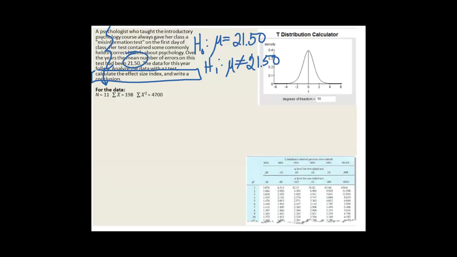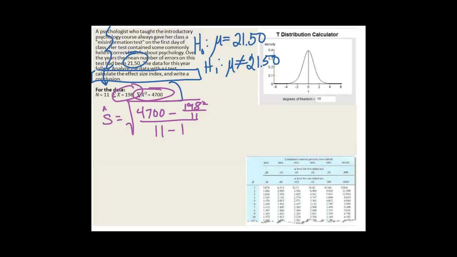I've been given enough information here that I can calculate the S sub x bar, which I'll then use in a t-test. So S hat is what I need first, and remember that is going to be taking the sum of the squared values, in this case 4700, and subtracting the sum of the values, quantity squared, divided by n, which is 11, and then on the bottom it's n minus 1, so 11 minus 1.